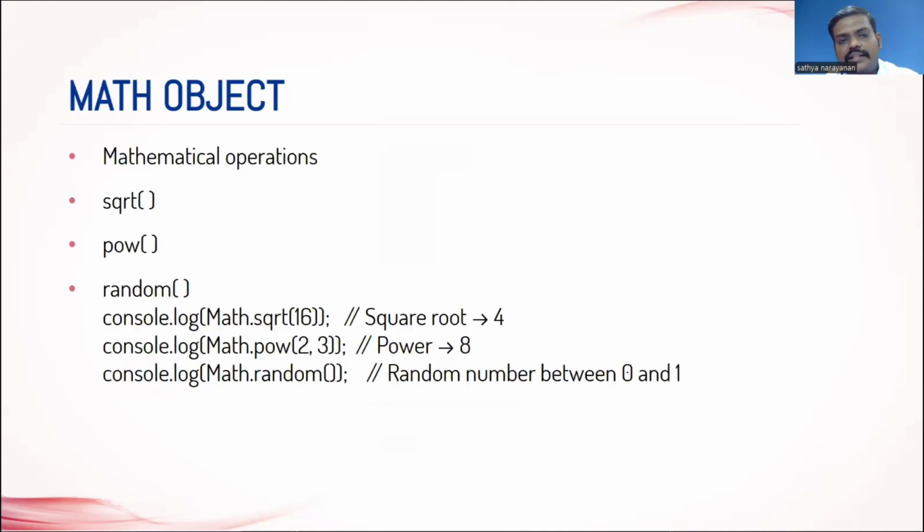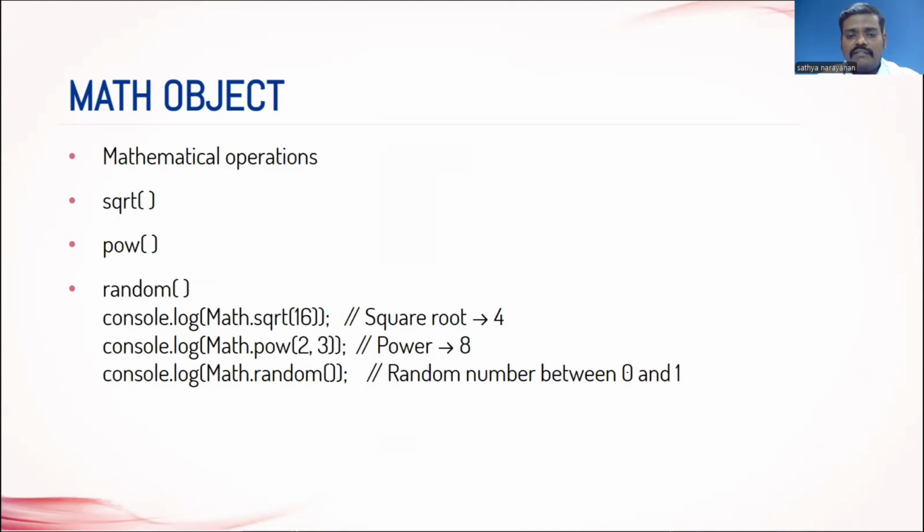Next is the math object. It provides mathematical operations: square root, power, random. The same console.log displays values in the web browser console. Console.log Math.sqrt(16), the value is 4.